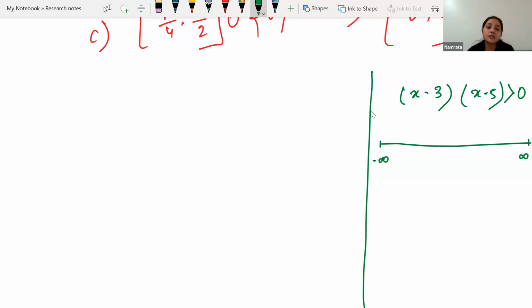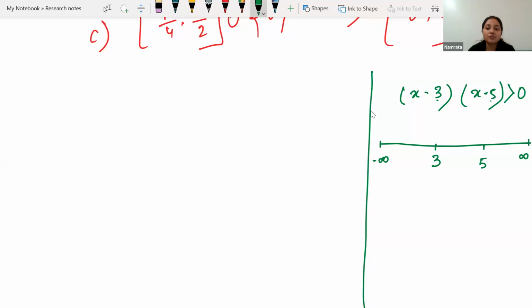Here we will be finding the zeros of the given inequality. Considering only the left hand side, we see what the critical points, the zeros, are. So x value over here I can see is 3 and another x value is 5. So we are getting two x values, one is 3, another is 5. Let's locate these quickly, 3 and 5.